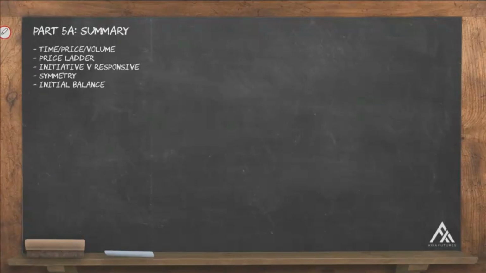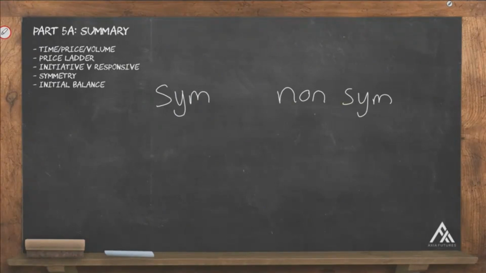And we had two basic types of symmetry: symmetrical and non-symmetrical. The key difference was that in symmetry, we have just nice balanced type markets, balanced distributions.